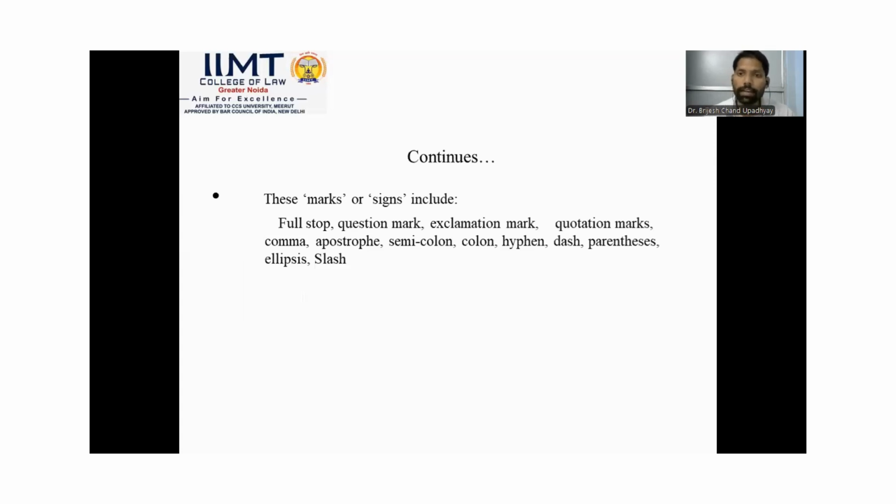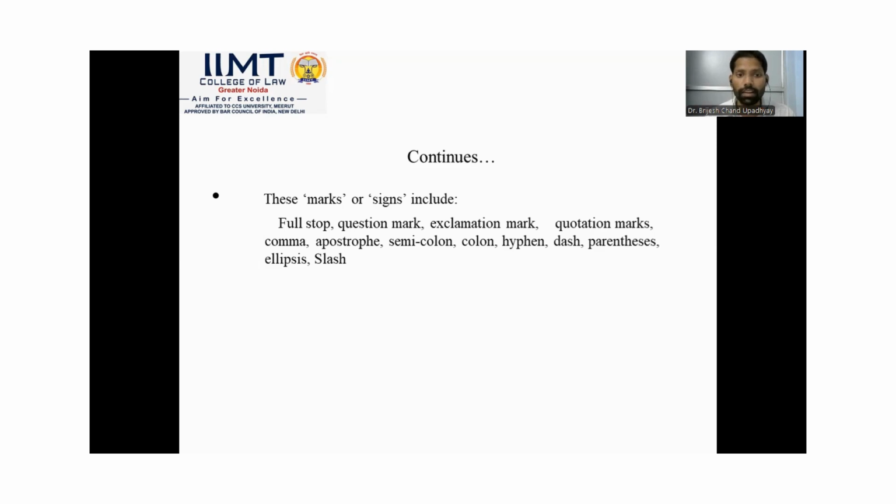So what are these marks? You have known full stops, question marks, which are also known as interrogative marks, and exclamation marks, quotation marks, single or double, then the comma, and some more marks like apostrophe, semicolon, colon, ellipses, ampersand, dashes, and parentheses.